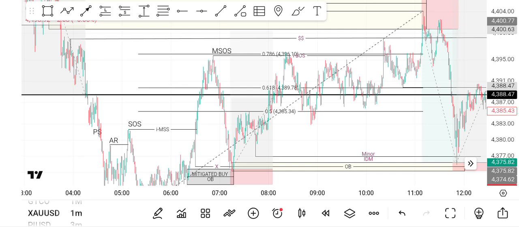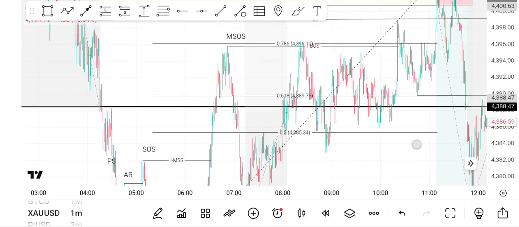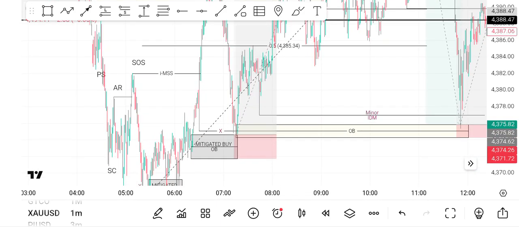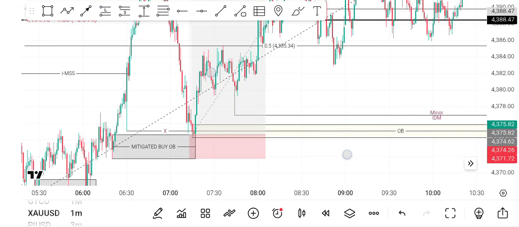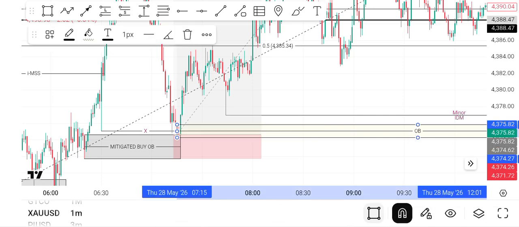As the market broke above that high, we notice that the market did liquidate this area, and they left an unmitigated 1 minute block. This OB is a 1 minute block that the market did not mitigate.